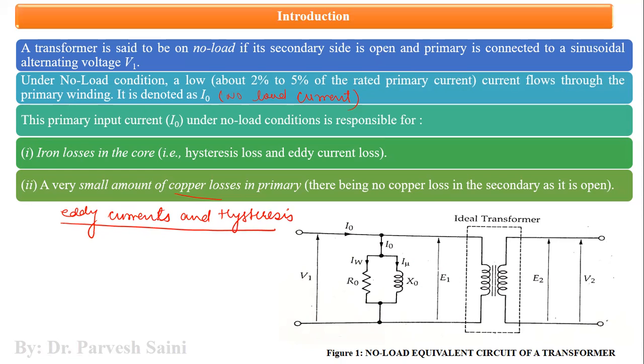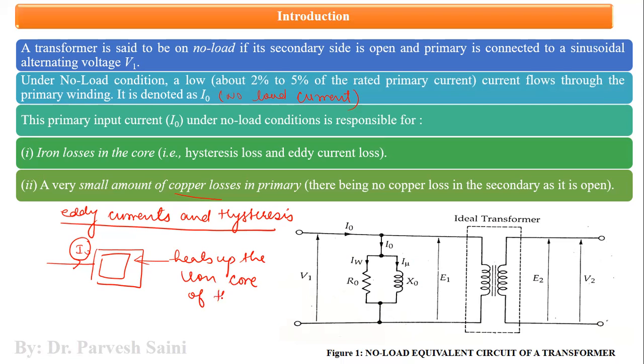That means when this no load current flows through the iron core, it heats up the iron of the transformer because of the eddy currents which generate in the transformer.